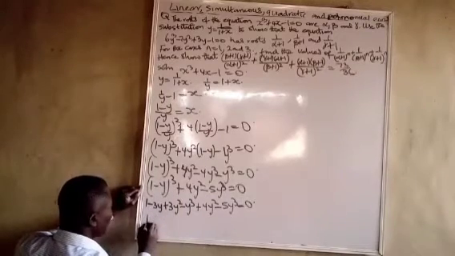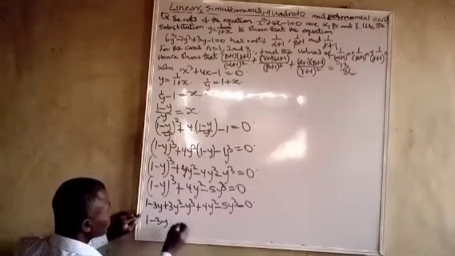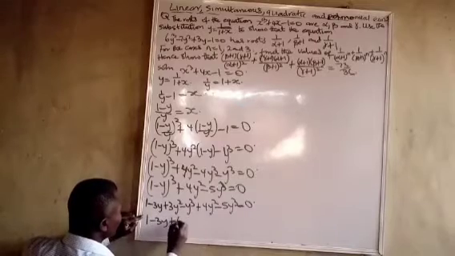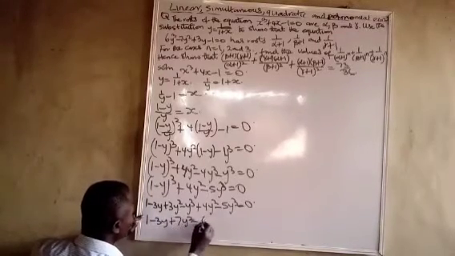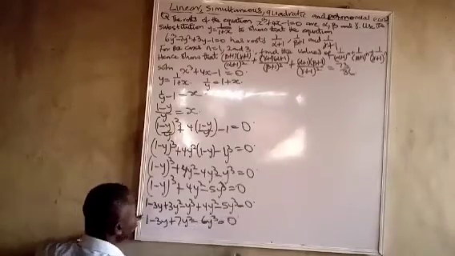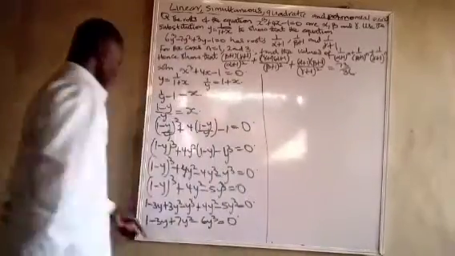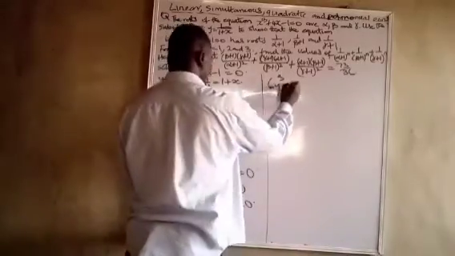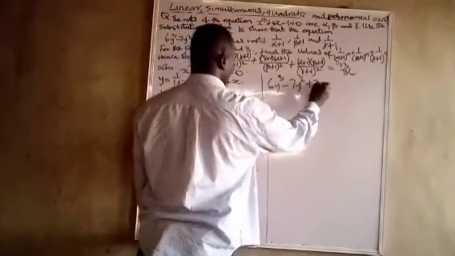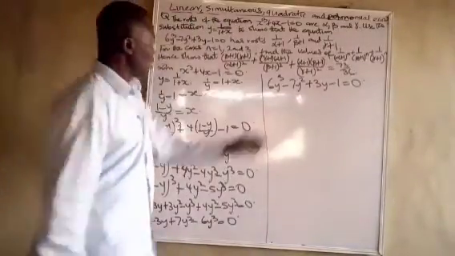Now I can say 1 minus 3y plus 7y squared minus 6y cubed is equal to 0. Now let me multiply through by minus 1. So I'm going to have 6y cubed minus 7y squared plus 3y minus 1 equals 0. So that one is already proven.